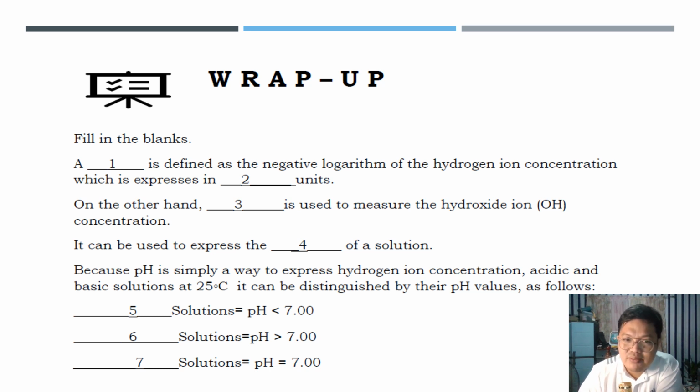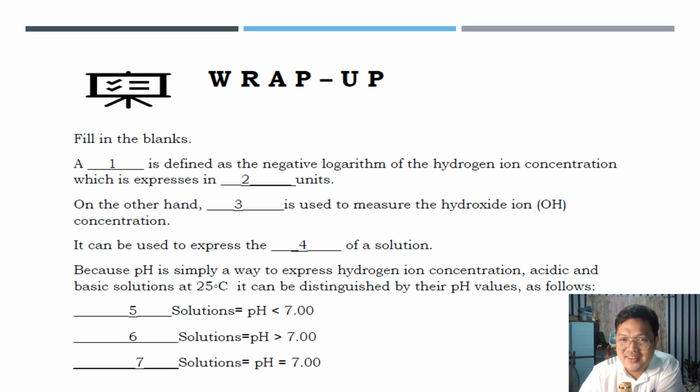Because pH is simply a way to express hydrogen ion concentration, acidic and basic solutions at 25 degrees Celsius can be distinguished by their pH values as follows. Blank solutions is equal to pH less than 7. Blank solutions is equal to pH more than 7. Blank solutions is equal to pH equals 7.